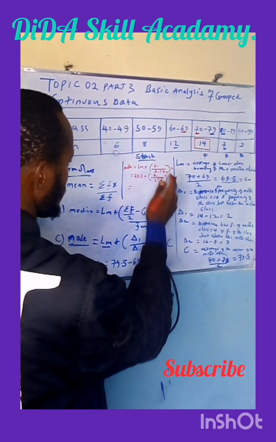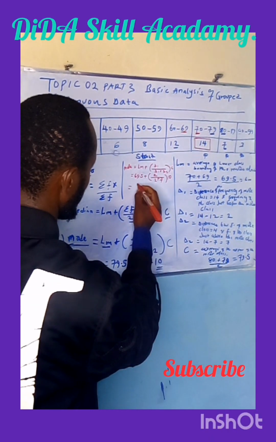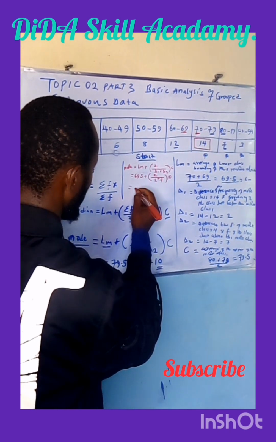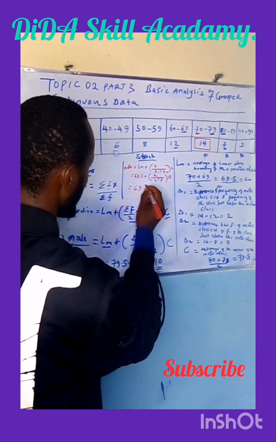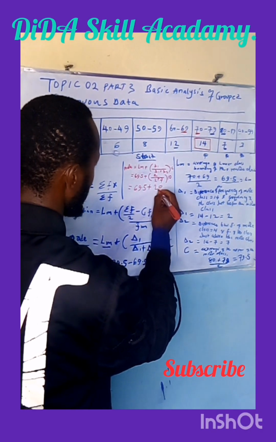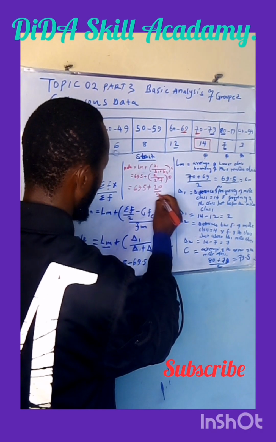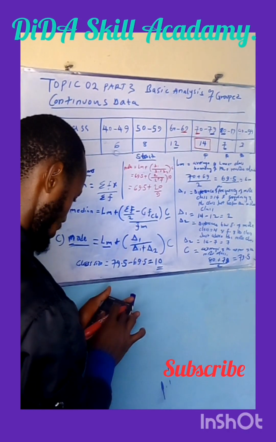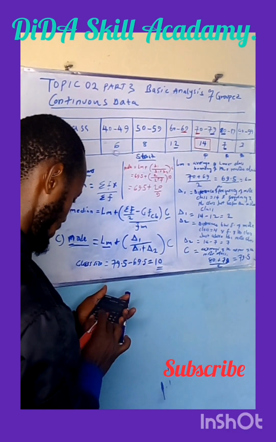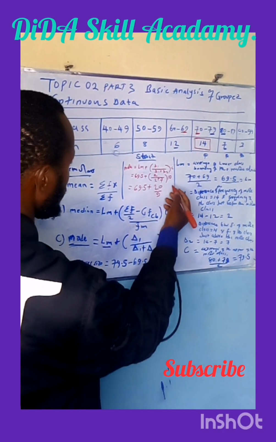So our answer will be, you open the bracket, the parenthesis here is 69.5 plus 20 divided by 9. That 20 divided by 9 equals 2.22.